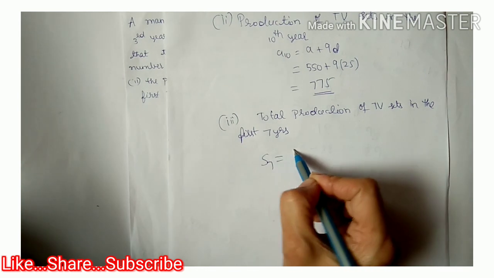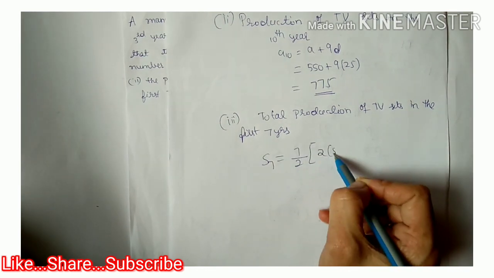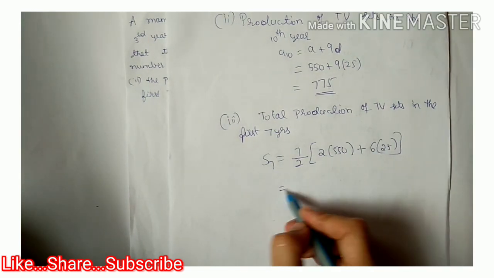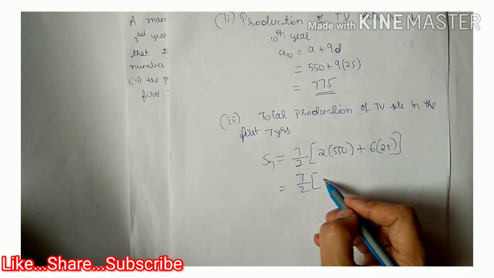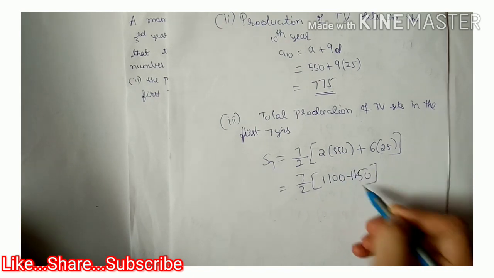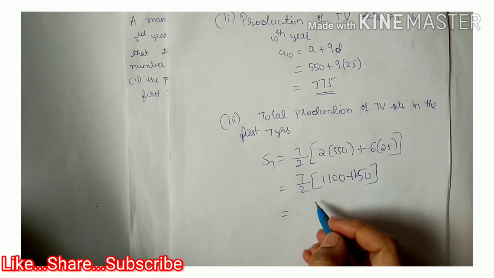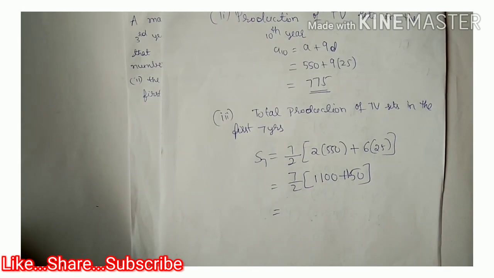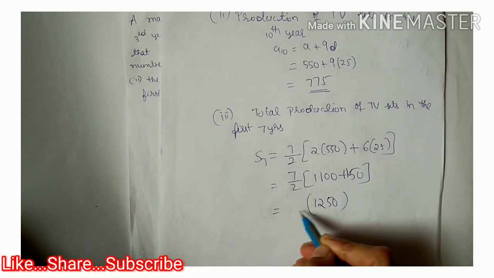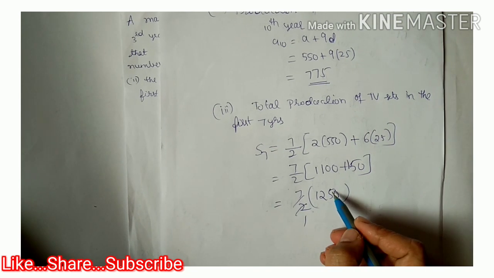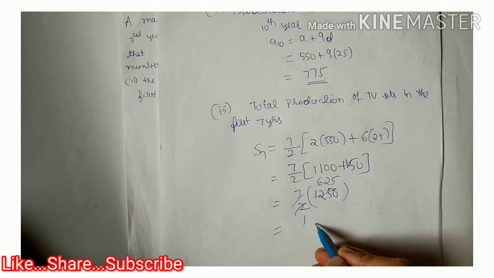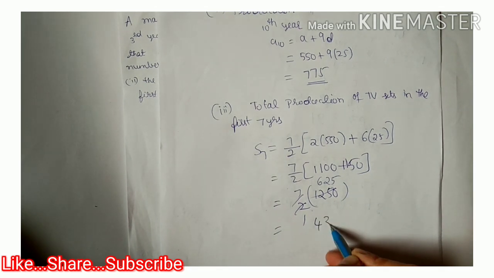S7 is equal to 7 by 2 into 2 into 550 plus 6 into 25. 550 into 2 plus 150 is 1100 plus 150, 1250. 1250 by 2 is 625, into 7, 4375.